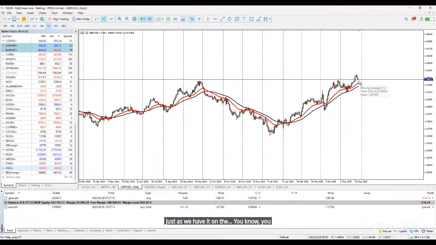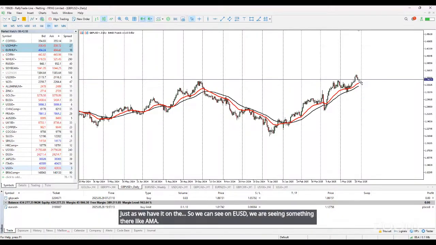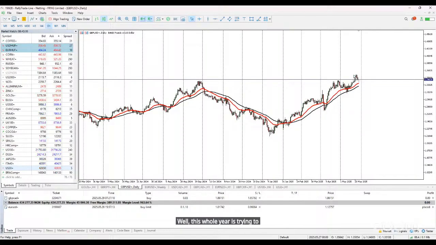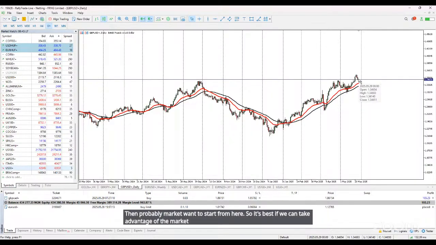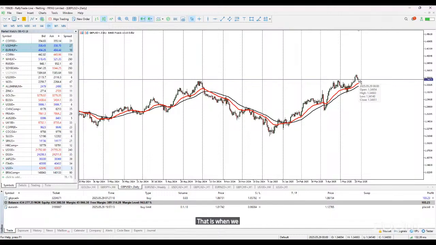Market moves from here, comes back here, moves from here, and comes back. That coming back got rejected around this side, so probably the market wants to start from here. It's best if we can take advantage of the market earlier, that is, enter as early as possible, then follow the movement.